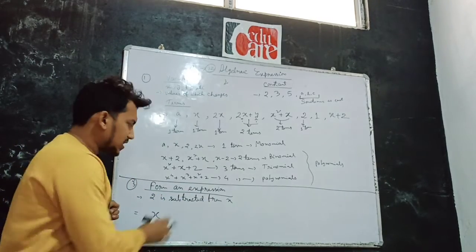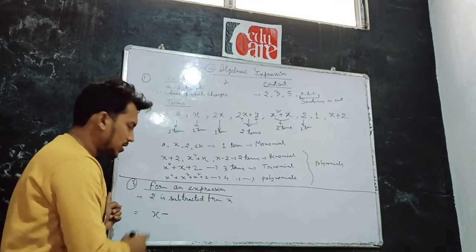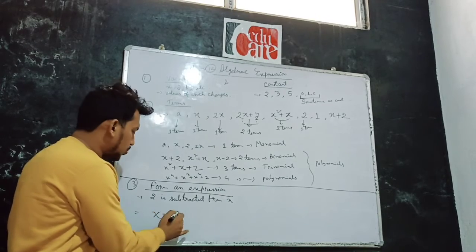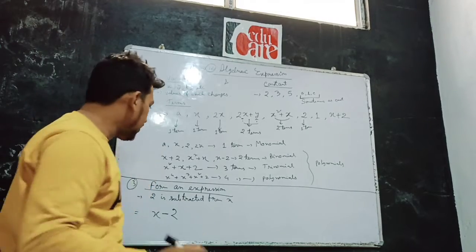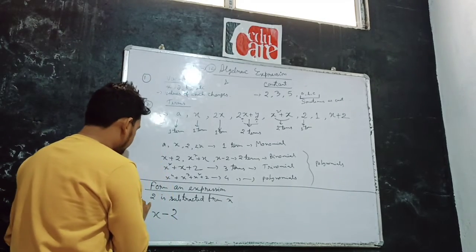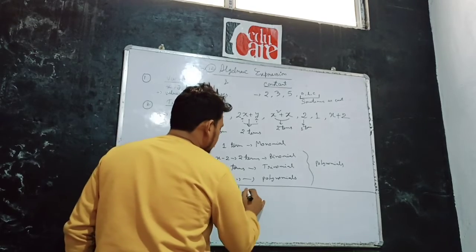So x is here. Subtraction means minus. What you have to minus? 2. That is as simple as that. Okay?